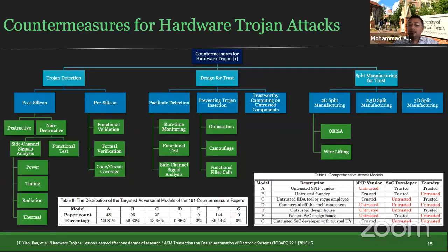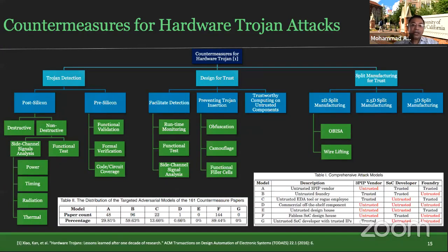And in the last several years, since hardware Trojan research became very interesting, many people started working on it, and in more than 12 years, a lot of publications have come out. I'll share the slides with Professor Nujo later, so you can follow this.